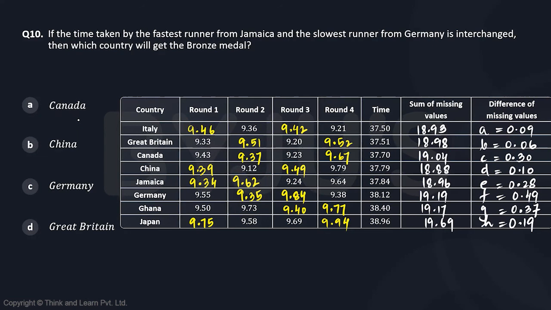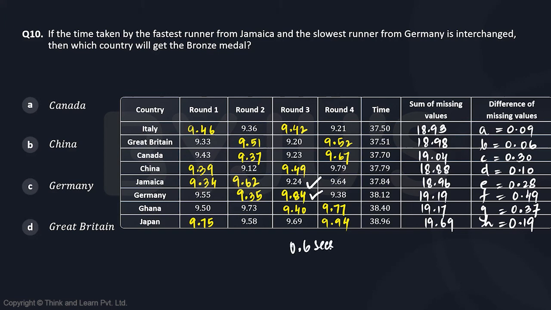Okay, now the 10th one. The fastest runner from Jamaica is this, and the slowest runner from Germany, the slowest runner is 9.84, isn't it? If they are interchanged, then which country will get the bronze medal? So there is a gap of 0.6 seconds.